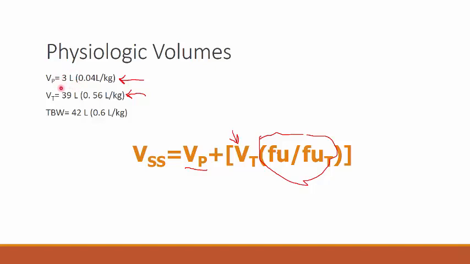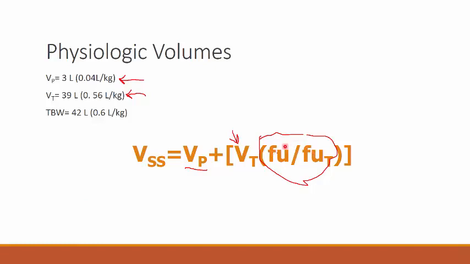It's stuck in this very small compartment, so you're going to have a relatively small volume of distribution. However, if your fraction unbound in plasma increases, now more of it's free, so it can move around in the body more, and therefore your volume of distribution will increase. If the drug becomes more highly bound in the plasma, the opposite would be true.